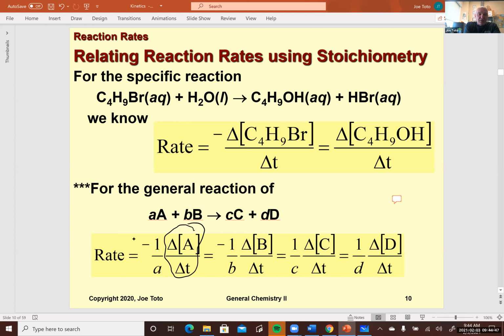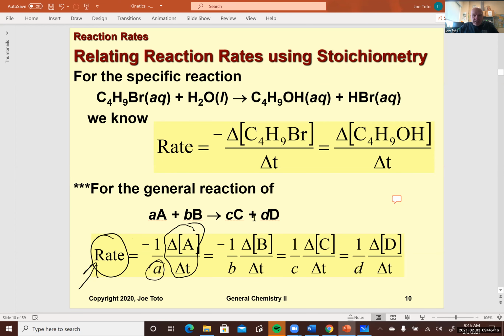And we also note that if we want to relate that rate of consumption of A to any rates of consumption of any of the other reactants, or the rate of production of any of the products, in this case C and D, or to the overall rate of the reaction, then we would need to scale that by the stoichiometric coefficient.